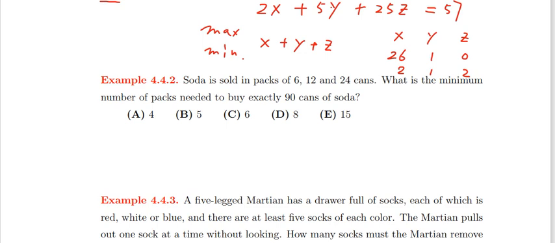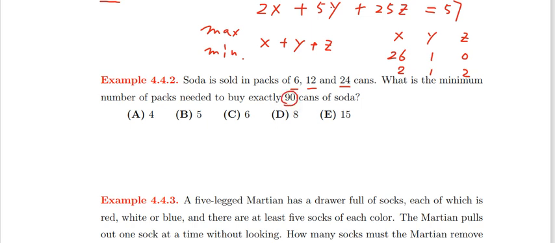So for this problem, it's quite the same. We have packs of 6 cans, 12 cans, or 24 cans, and you want to buy 90 cans.